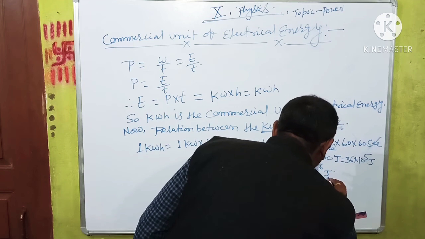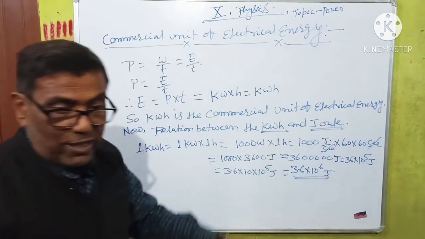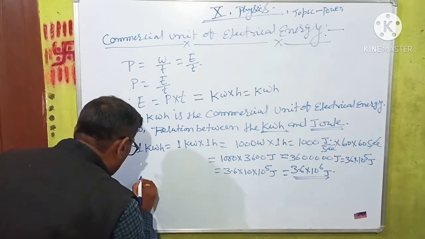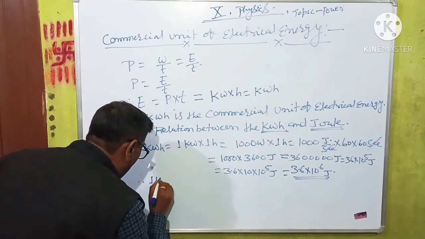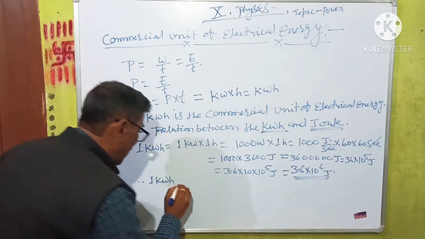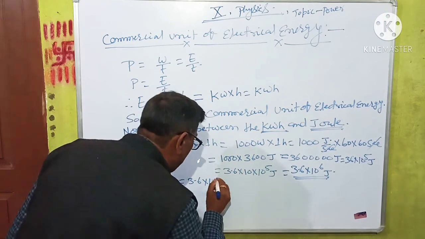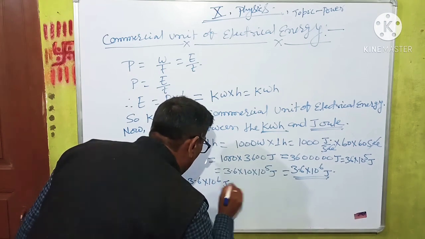It is written in scientific notation. Therefore 1 kilowatt hour is equal to 3.6 into 10 to power 6 joule.